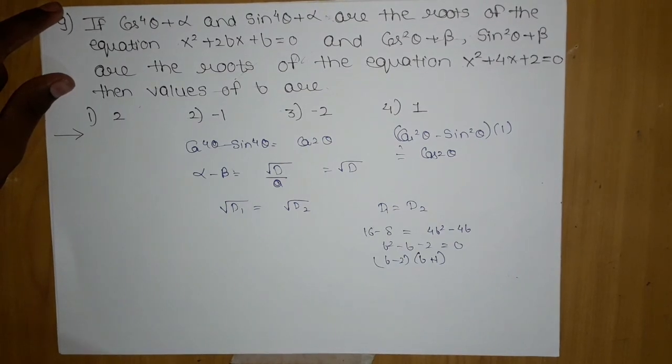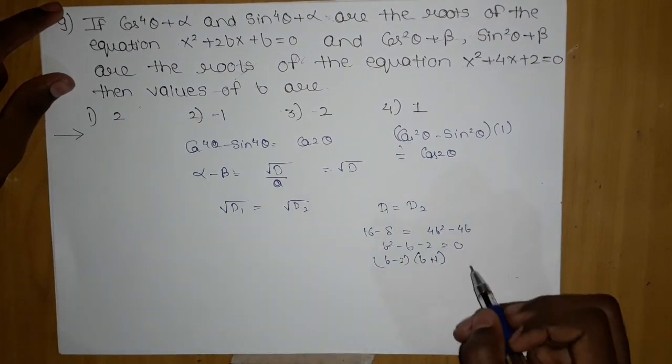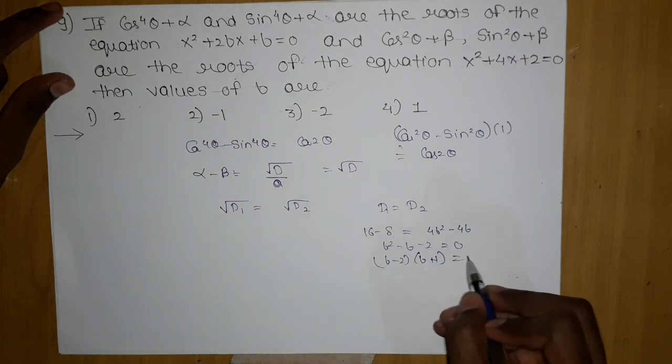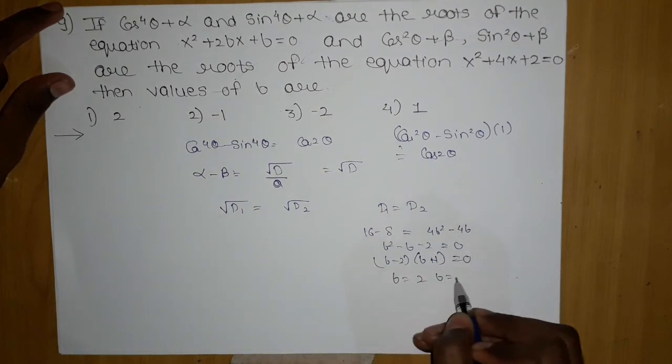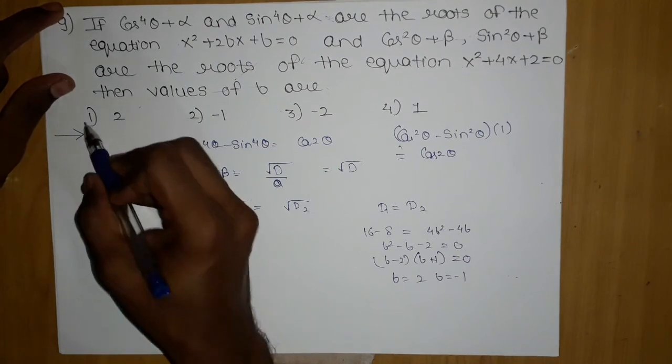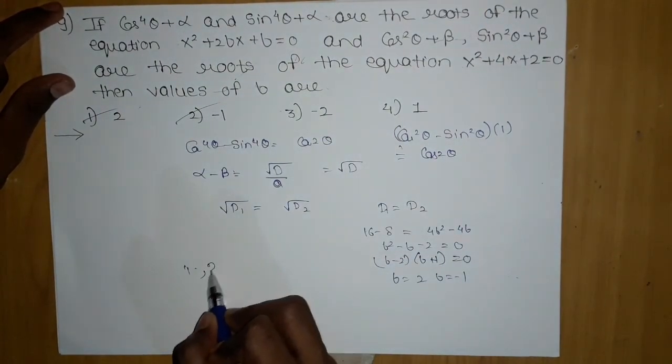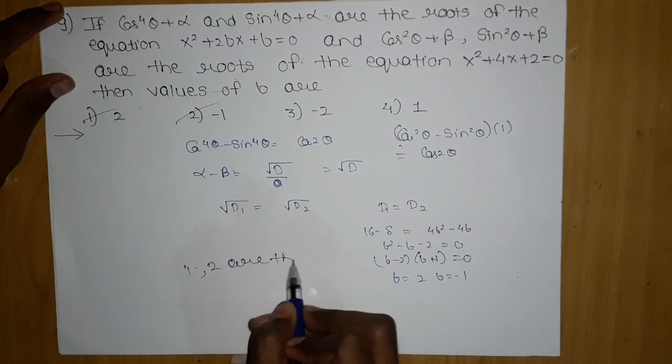Let me check, it factors as (b minus 2)(b plus 1) equal to 0. So we are getting b equals 2 and b equals minus 1. So first and second are the answer.